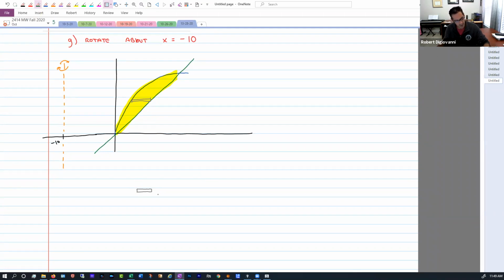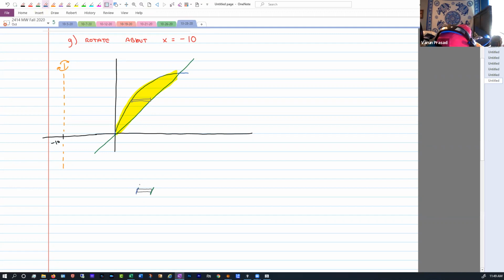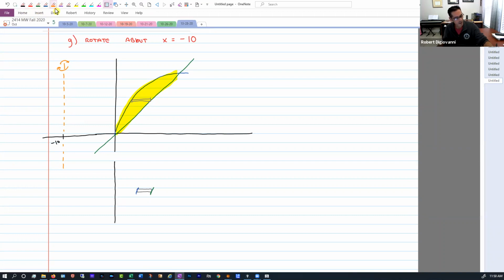I have the green one on the right, the blue one on the left. I have my y-axis here, I have my axis of rotation here. I'm standing on the axis of rotation, looking out towards the rectangle. All the way out, that's R out, and R in is that distance there.